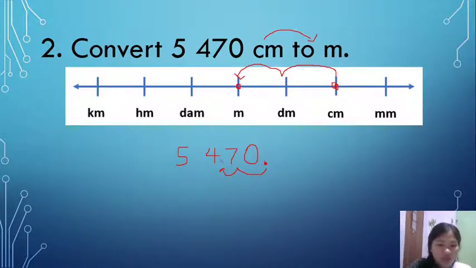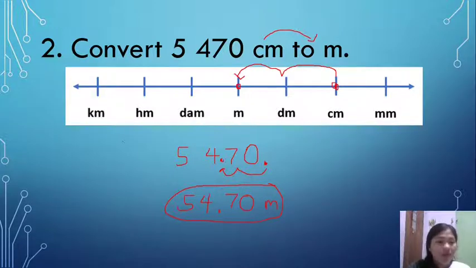So this will be the new position of your decimal point. So the final answer will be 54.70. And the unit now is already meters. You can remove the 0 to make it 54.7, or you can keep it. So that's how we convert the measure of length using this method.